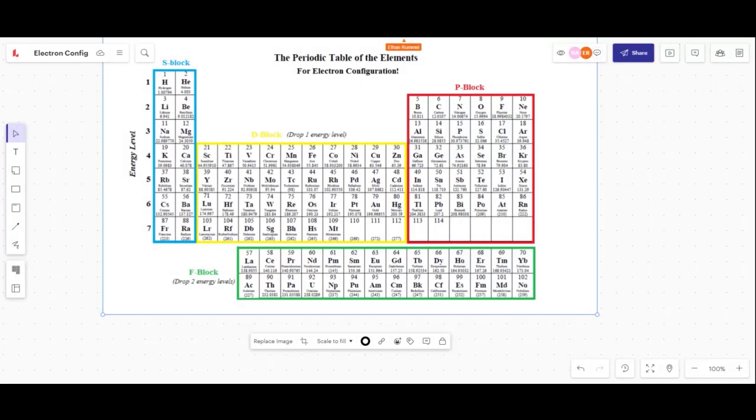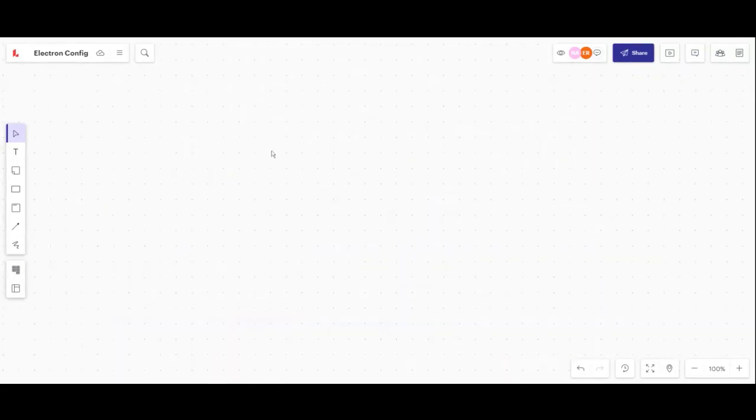This is going to be over the periodic table, or rather, it's going to be over electron configuration and quantum theory. To start, I want to note that there are a lot of different facets of quantum theory.